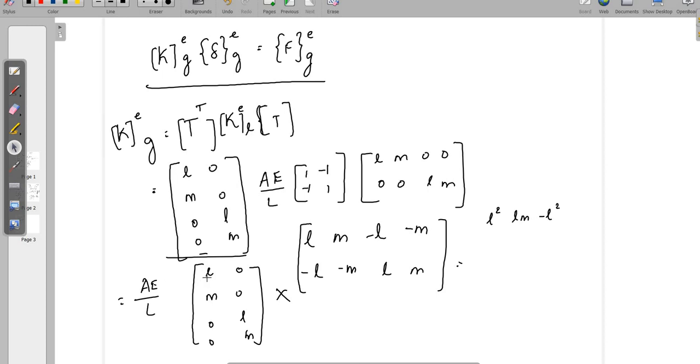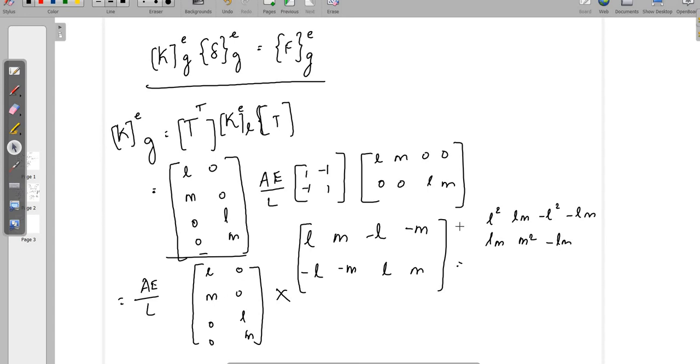Similarly, the next term, L multiplied by minus M, so minus LM. So the next row, M is multiplied by L, so it is LM. M is multiplied by M, it is M square. I am not considering the cofactor for 0 because all are 0. Then M is multiplied by minus L, so minus LM.